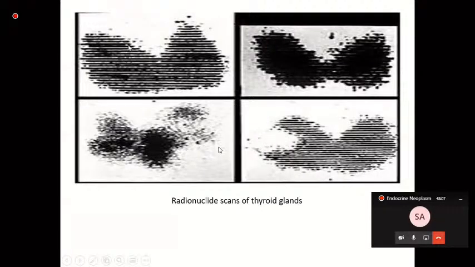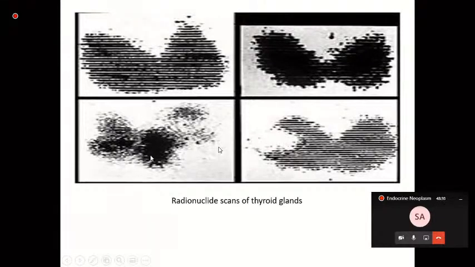This one is normal. When we do the radioisotopic scan, the distribution is normal, meaning all homogeneous. This one is diffuse hypersecretion, hot, the whole gland. This indicates Graves' disease. This one is multinodular goiter.